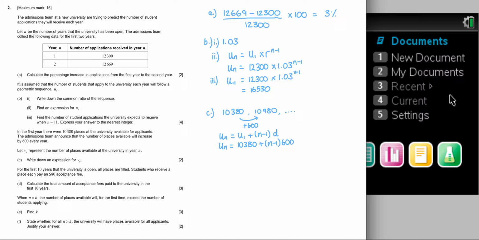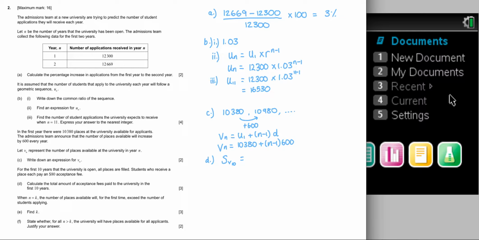So it's the sum of the, now my notation I should have used V for this one rather than U, which is the notation they've used in the exam. So it's the sum of the sequence V, and we want to find the sum of the first 10 terms.